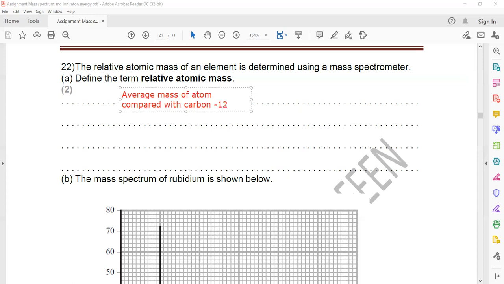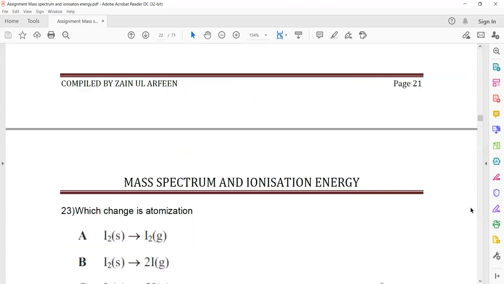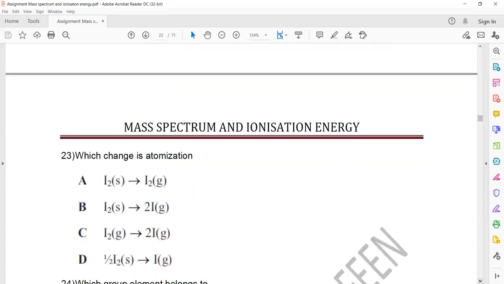That we call relative atomic mass. Then the mass spectrometer questions we are skipping as we already completed.